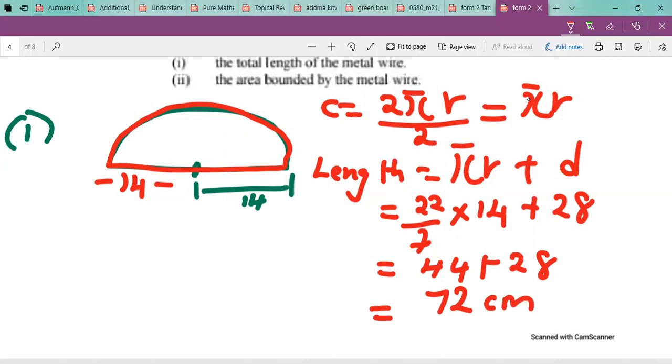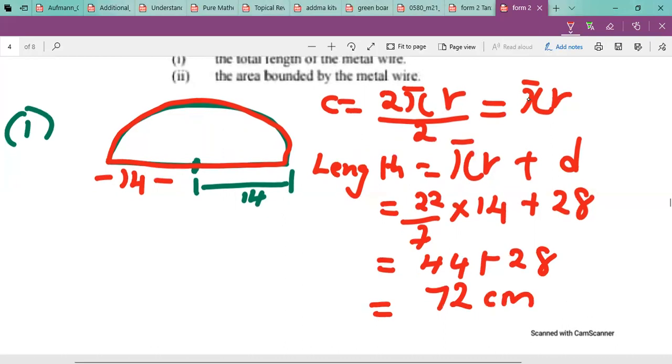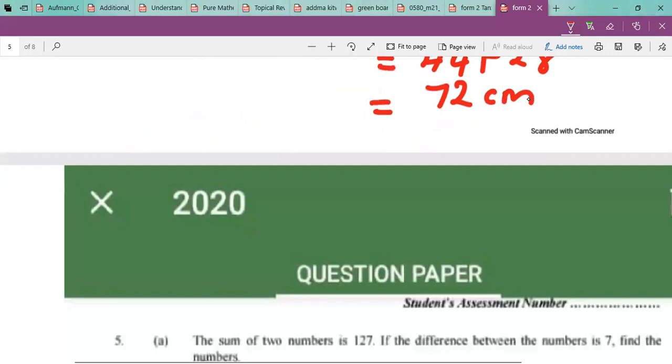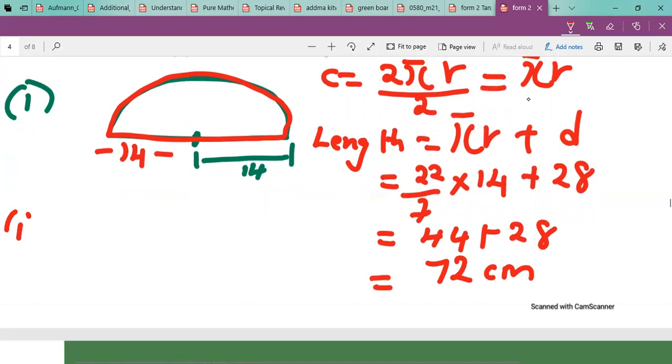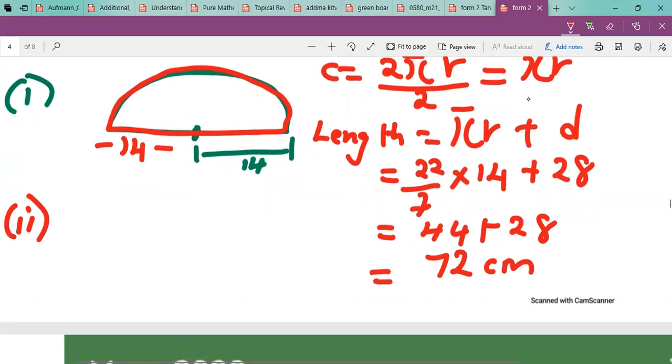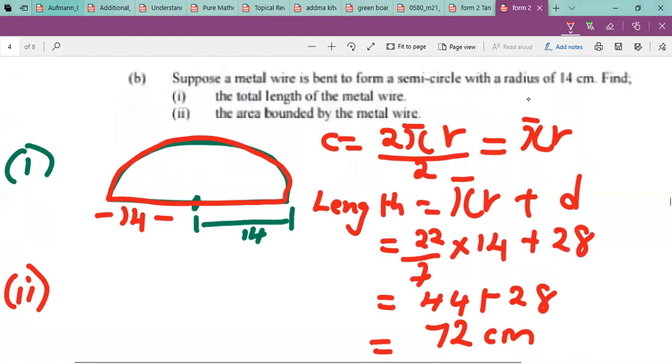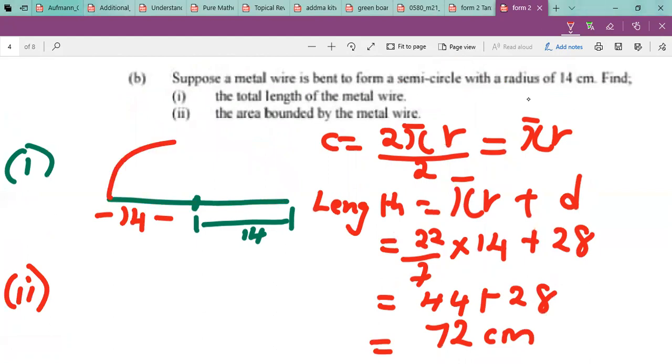Oh, I didn't see that we have another question. Sorry, I'll write it here. Number 2. Then we want to find the area bounded by the wire, which is this. So this is a semicircle.